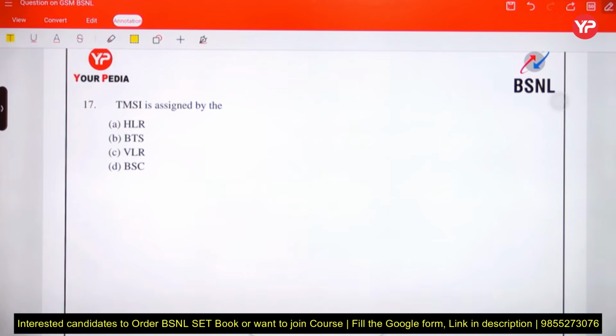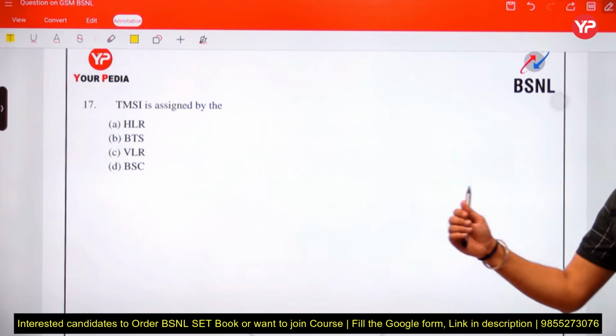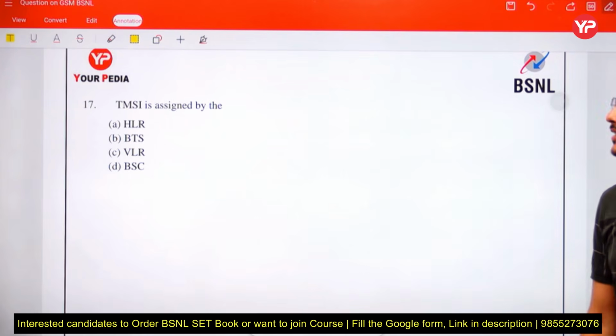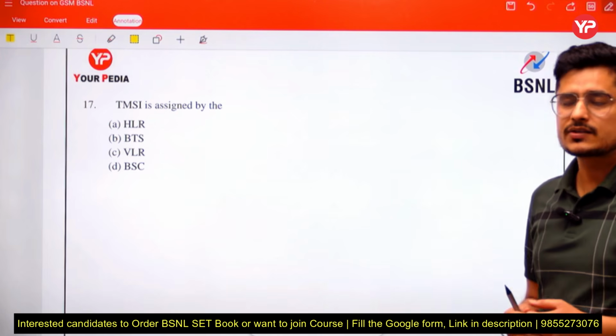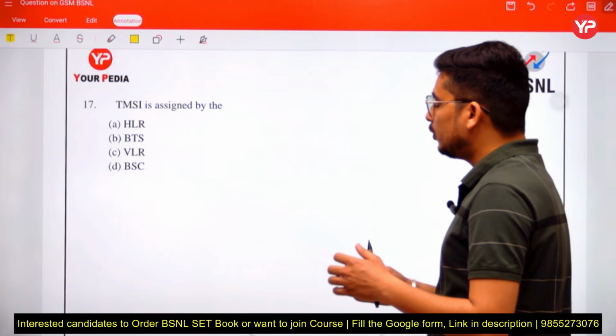Okay, next is: TMSI is assigned by what? TMSI stands for Temporary Mobile Subscriber Identity. It is generated and assigned by your VLR, Visitor Location Register, for use within the service area of that VLR.